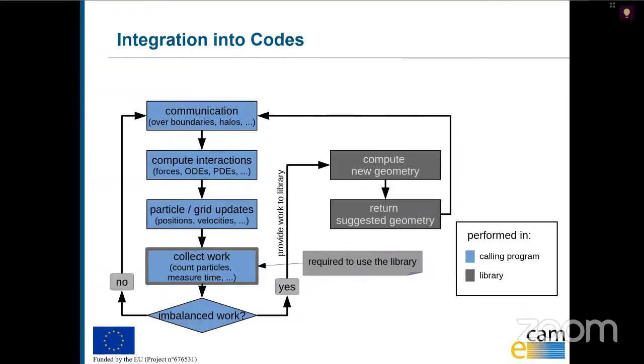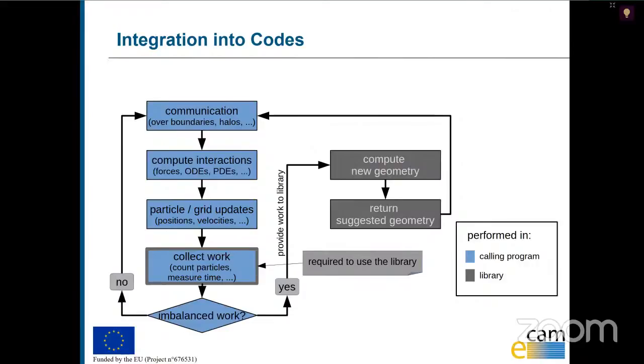So how would you now include this library in your code? On the left side, we have a really generalized sequence of how a particle or grid-based simulation code usually works.